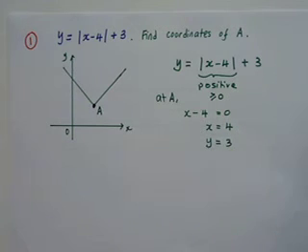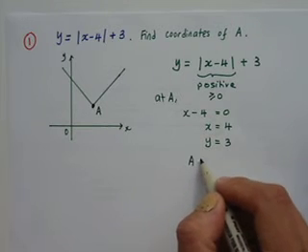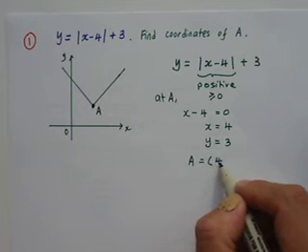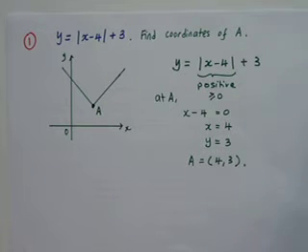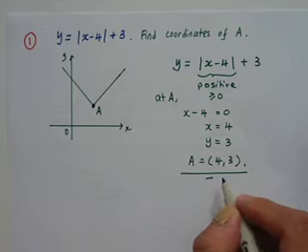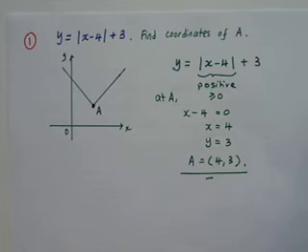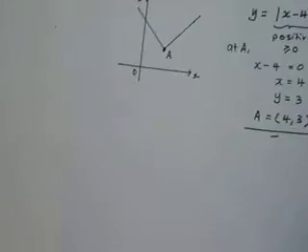So this is how you find the coordinates of A: 4, 3. Clear? You may want to pause and go through again on your own. I'm going to show you another example.